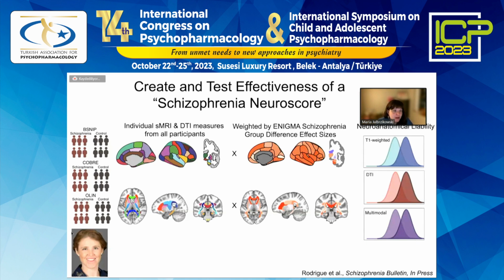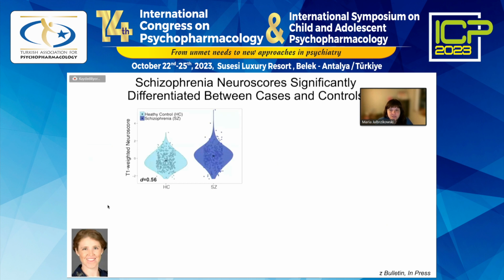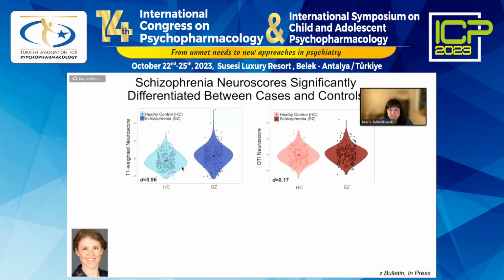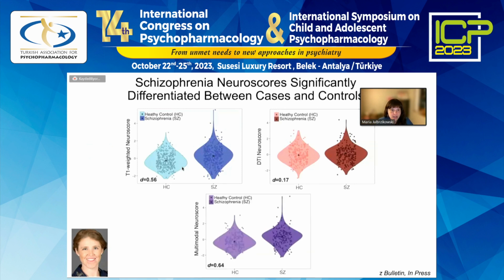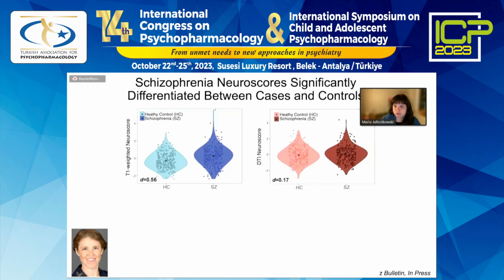And so we combined all of these 3 samples and conducted a mega-analysis of the group effects. And we found that individuals with a schizophrenia diagnosis had greater neuroscores in comparison to controls with the T1 neuroscore, the DTI schizophrenia neuroscore, and the multimodal neuroscore.